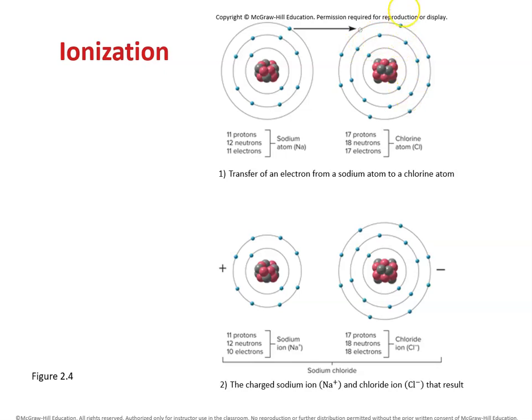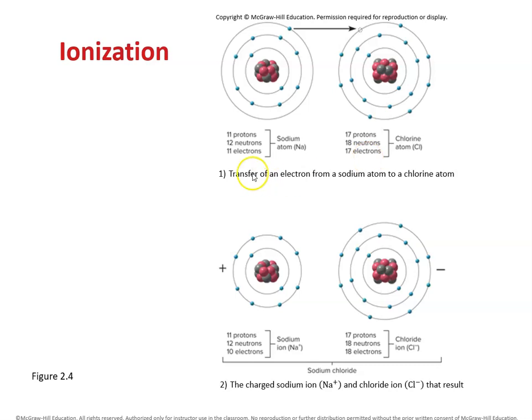And then our outer shell here, which would have 8 electrons in it if it were full, has 1, 2, 3, 4, 5, 6, 7, and it doesn't have an 8th, okay? Because 17 electrons, I've got 2 in the first, 8 in the second, that gives me 10, and then I have just 7 in this outside one, which is so close to being full, but not quite there. And that's what makes chlorine so reactive.